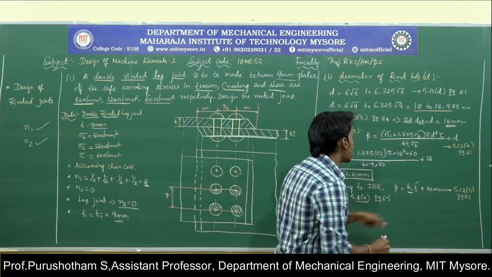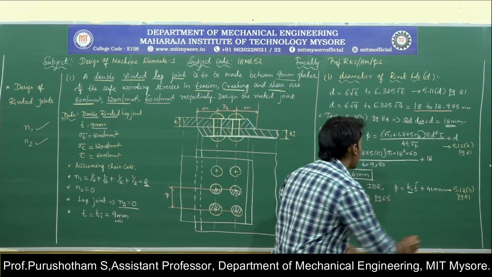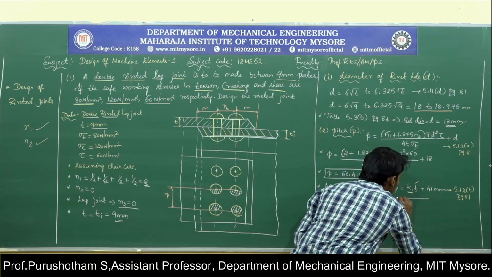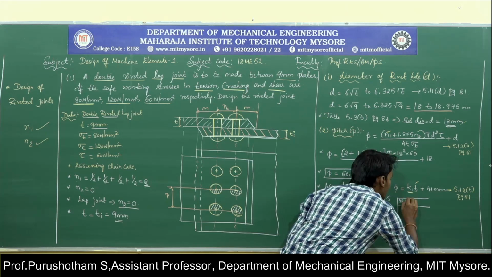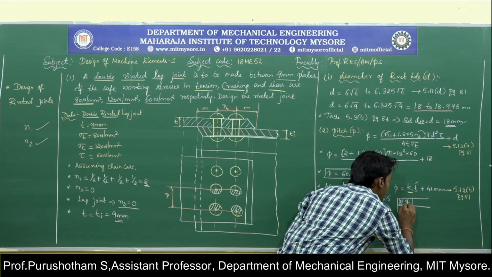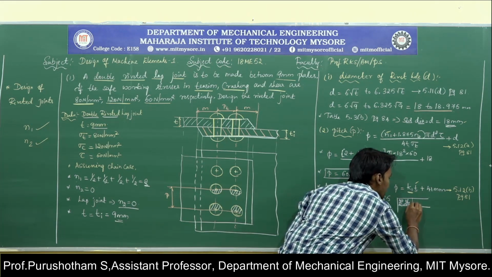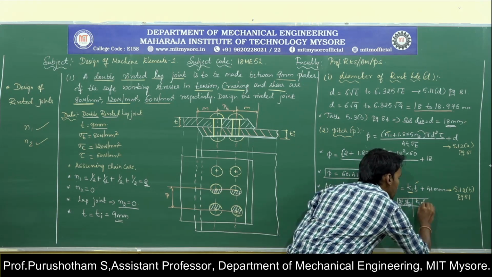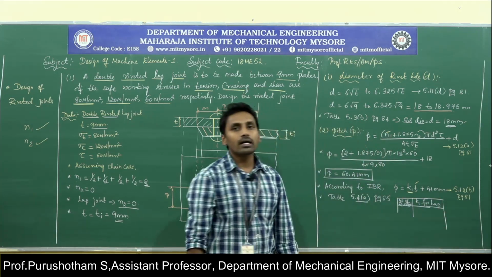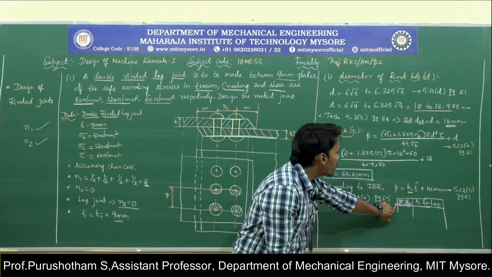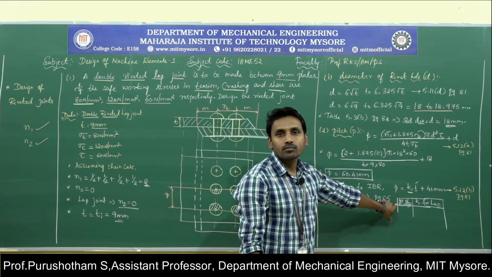The table also has the number of rivets per pitch. Here is K1 for lap joint, and here the number of rivets per pitch.